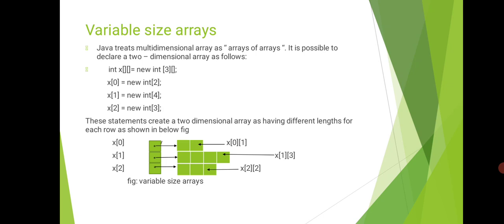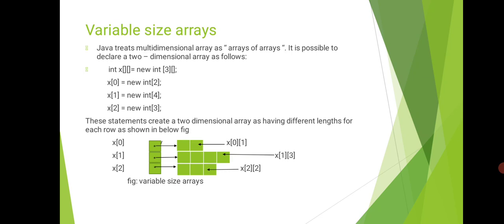Similarly x of 1 has 4 columns, x of 1 comma 0, x of 1 comma 1, x of 1 comma 2 and x of 1 comma 3. Similarly for x of 2, the third row, we need 3 columns, that is x of 2 comma 0, x of 2 comma 1 and x of 2 comma 2.